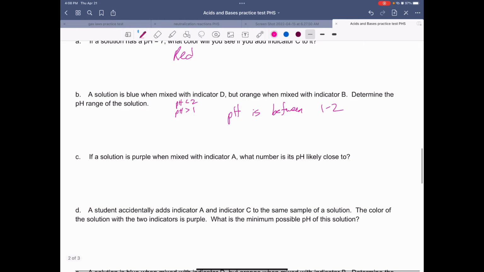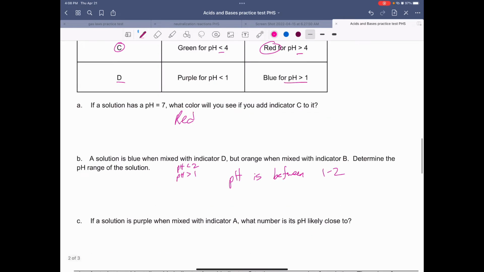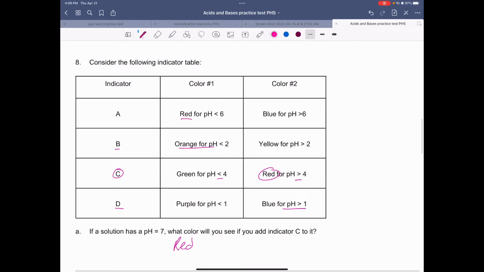If a solution is purple when mixed with indicator A, what number is its pH likely? So notice that there's only red and blue. There's no purple. But let's think of it this way. If it's red and blue together, that basically is purple, right?